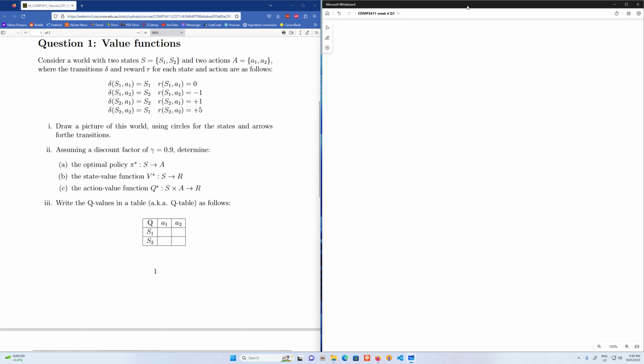So going over to the whiteboard, in this world we can see that there is two states, S1 and S2. So we're going to need two circles to represent those. One for S1 and another one for S2.